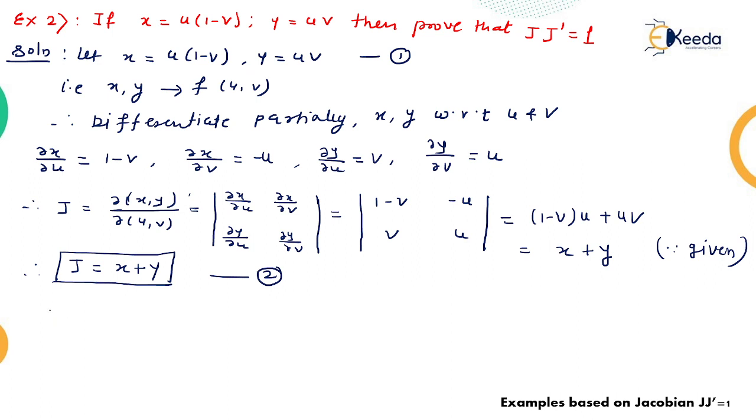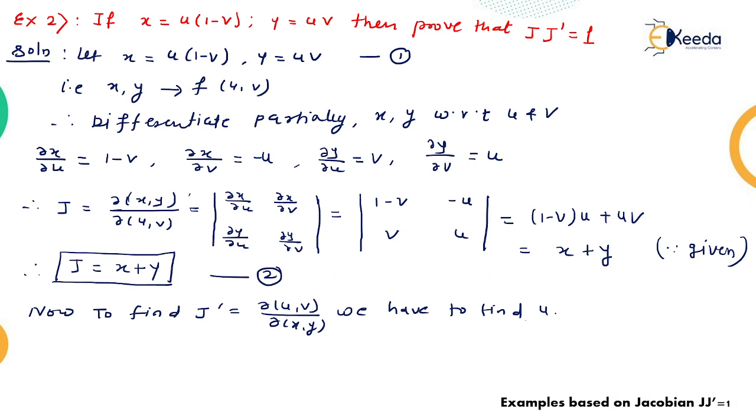Now to find J dash, and J dash is nothing but ∂(u,v) upon ∂(x,y). For that we have to find u, v in terms of x and y.